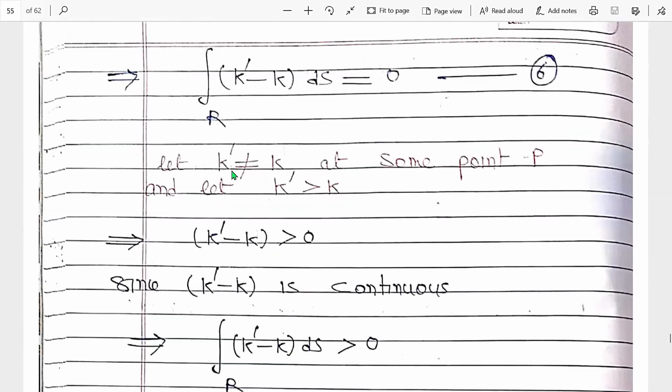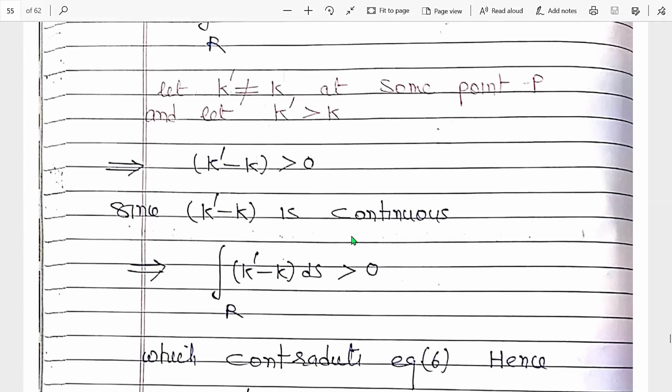Our purpose is to prove that this difference is equal to 0. So suppose it is not 0, that is, K dash is not equal to K at some point. If K and K dash are not equal, then one of them must be greater. So suppose K dash is greater than K, which implies K dash minus K is greater than 0.